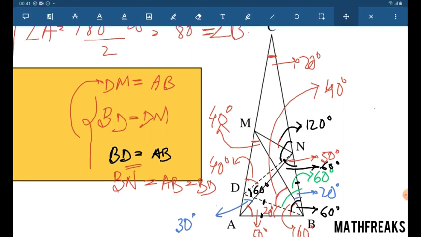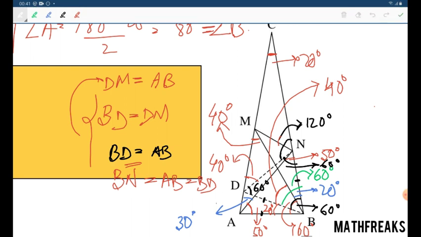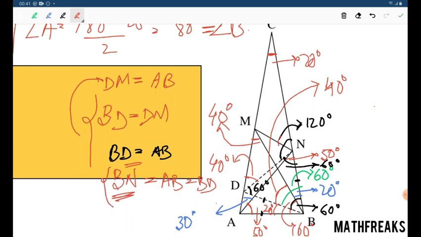We do not need this also. Now DM equals to AB, and AB is what? AB equals to BN from this equation. Equals to BN, DN, BD. This triangle BDN is equilateral one. So AB, BD, BN, means what?